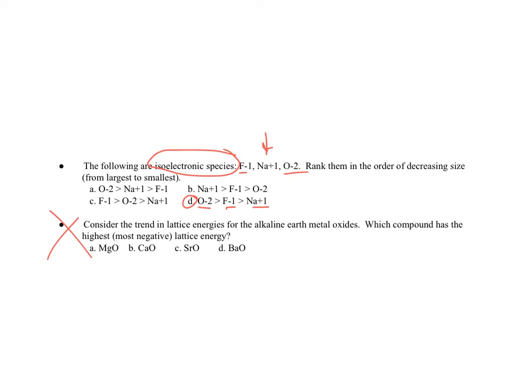Okay, so it's just asking which one of these, magnesium, calcium, strontium, or barium, is the smallest, right? And that's actually listed in the way that they appear on the periodic table, and it goes from the smallest up to the largest. And so magnesium oxide would have the most negative lattice energy. But again, you don't need to know that for the exam.